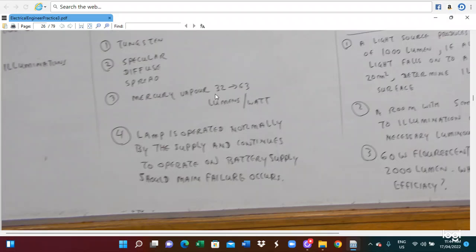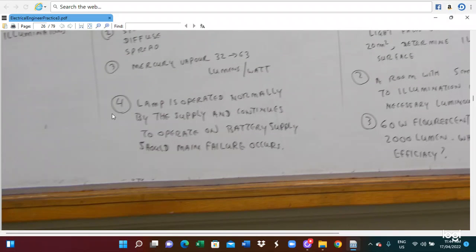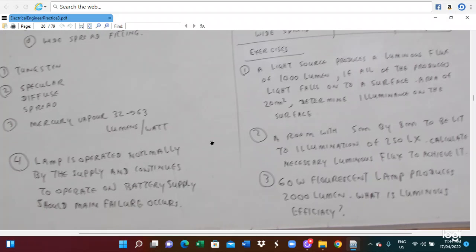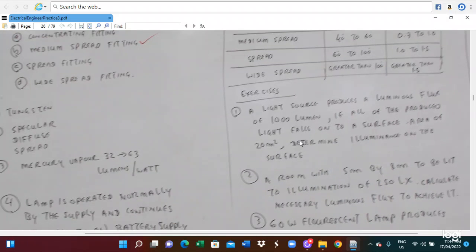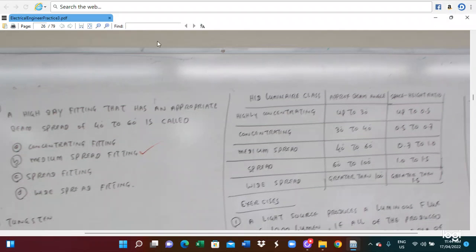Mercury vapor is given 32 to 63 lumens per watt. Then the operation is typical: operating from the supply and continuing to operate on the battery supply. So this is the maintenance mode.